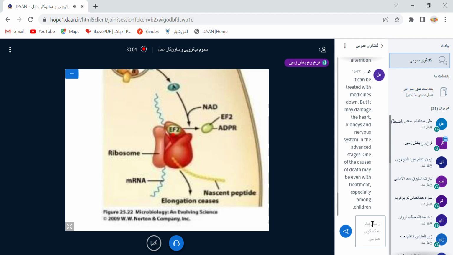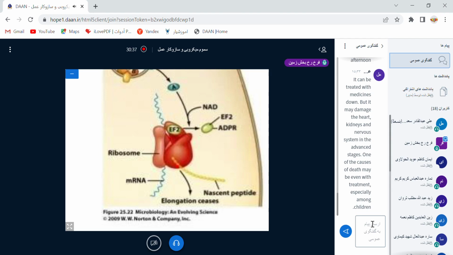What is translocation? When one amino acid comes to the ribosome, the ribosome should move 3 codons. EF2 is used for movement of the ribosome 3 codons each time on mRNA. 3 codons should go during elongation.